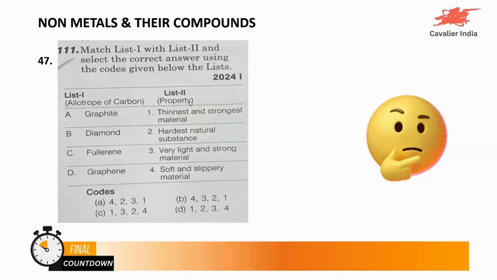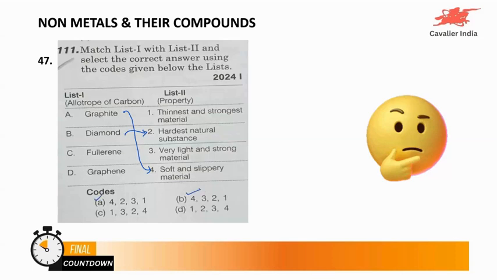Okay, I'll just discuss the answer. Graphite is a soft and slippery material. Diamond is the hardest natural substance. Fullerene is a very light and strong material, and graphene is the thinnest and strongest material. Graphite is matched with 4, so you can choose either this option or this option.